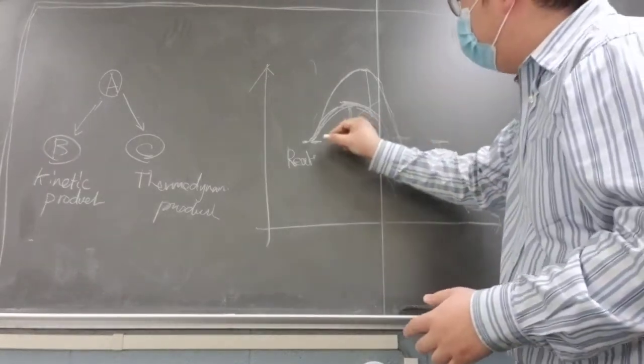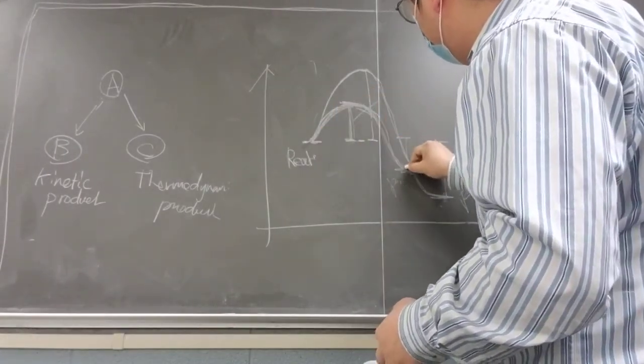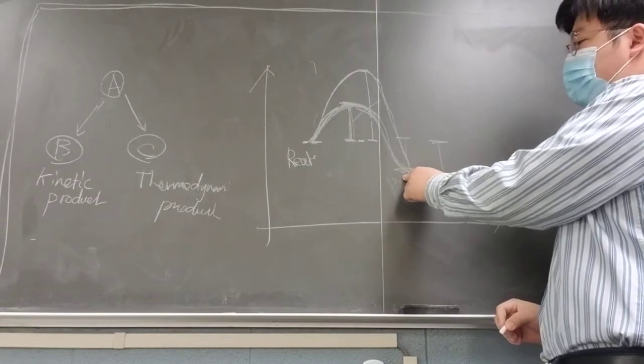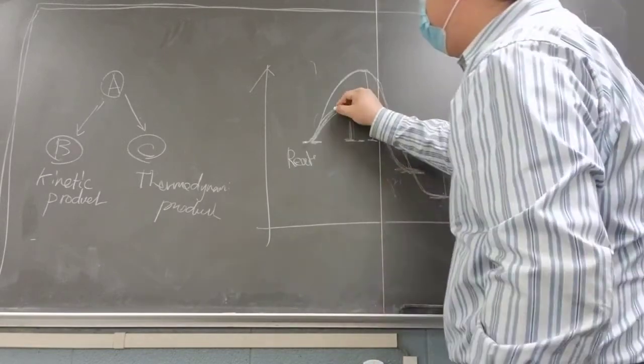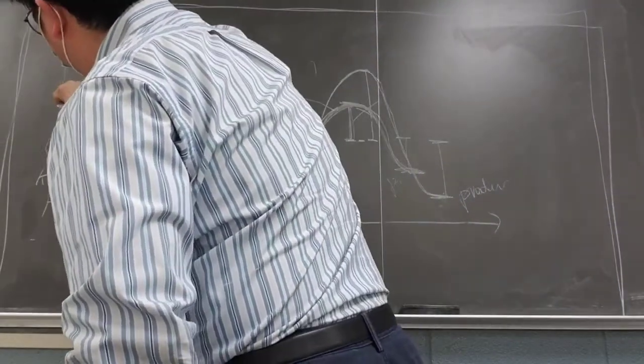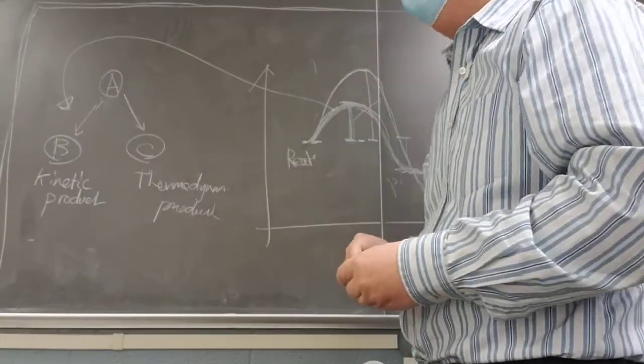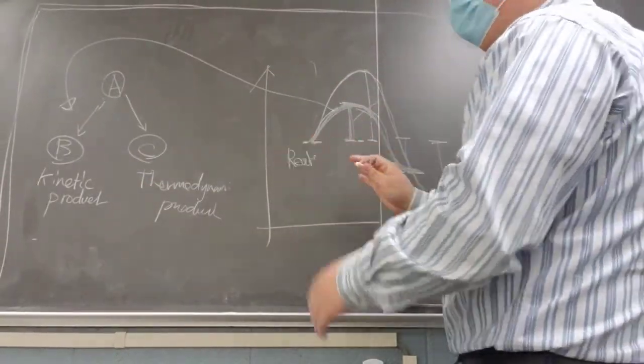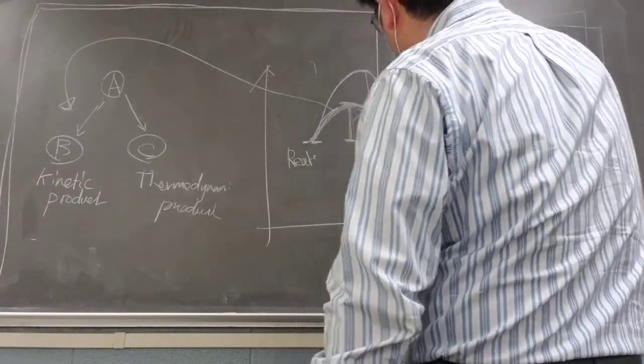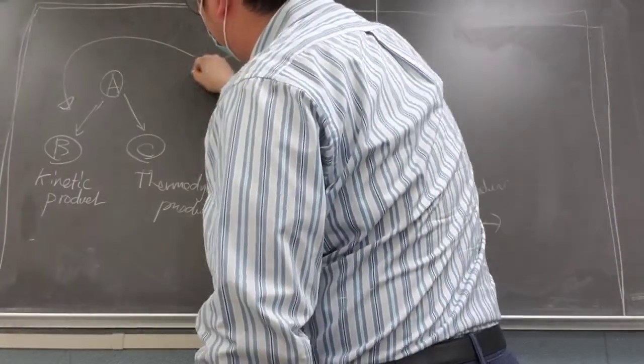So when you look at this one, similar curve and just a bit higher products, that is what we call kinetic control over here. Okay. This one is the more major, and this is thermodynamic control.